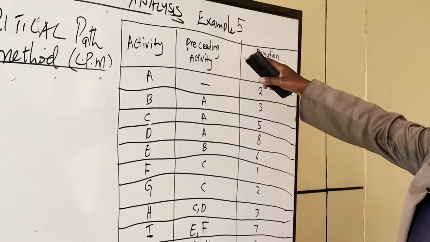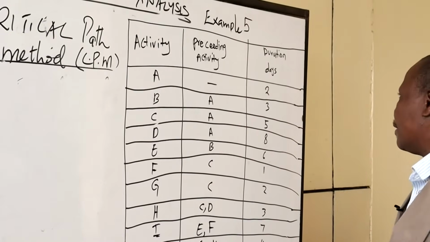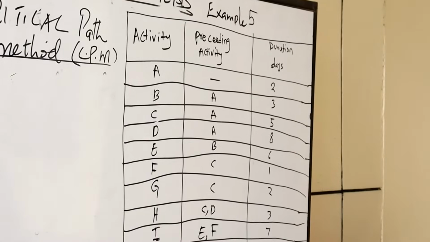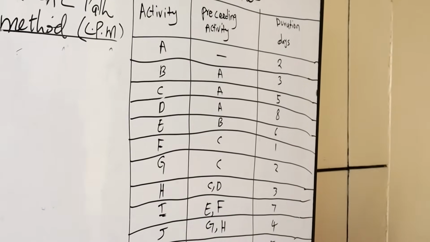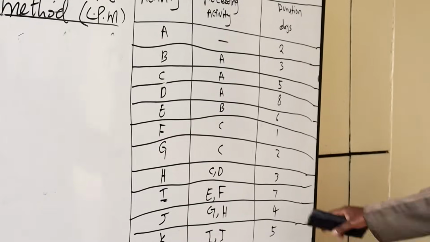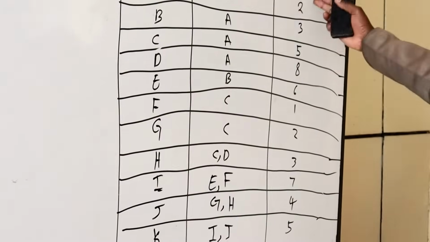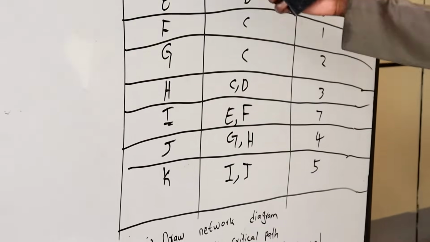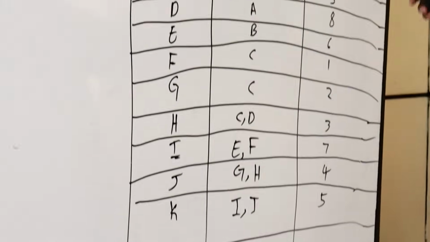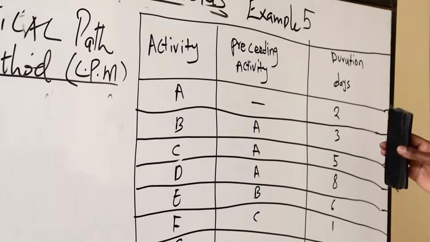So let us take example 5. Now our project comprises the following activities whose durations are in days. Activity A, preceding activity is none, duration is 2, and so on.